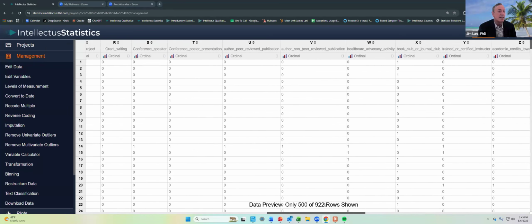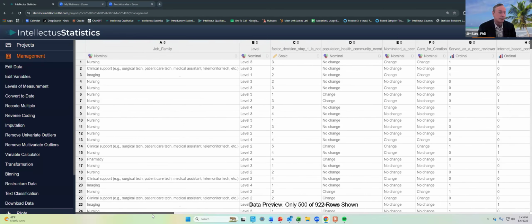I think I would just run a bunch of chi-squares. See if there's any relationship at all before you start getting into more complicated binary logistic regressions or a path model. Is there anything going on between job family and these other ones, and take it from there?